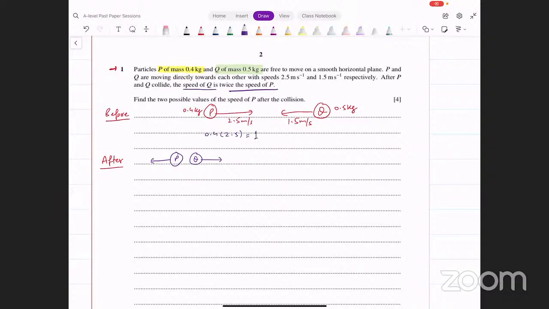That's going to be 1, in the right direction. What is the momentum of Q? 0.5 into 1.5, and that gives me 0.75. Q's momentum towards the left side is 0.75. P's momentum is greater, Q's momentum is less, so P can change the direction of Q, but Q cannot change the direction of P. It can't be that Q hits and starts moving left itself and also makes P move left, because P's momentum is greater than Q's momentum, okay?